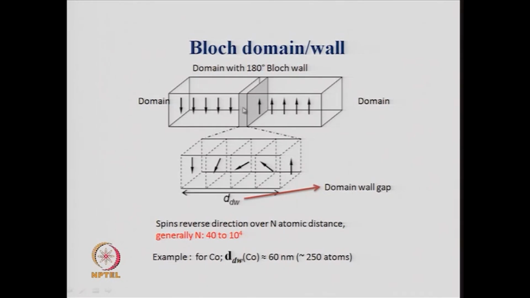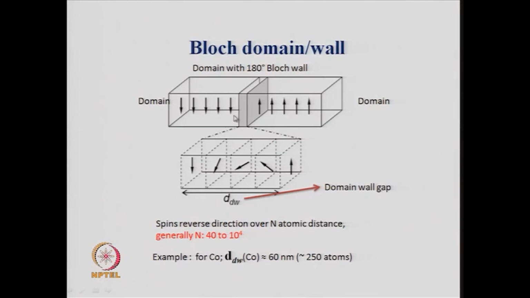So, in between is the domain wall, which may have certain thickness, and typically in this case, which is an example of cobalt metal, the domain walls are 60 nanometers thick. That means this is of 60 nanometer thickness, which is approximately equal to 250 atoms.